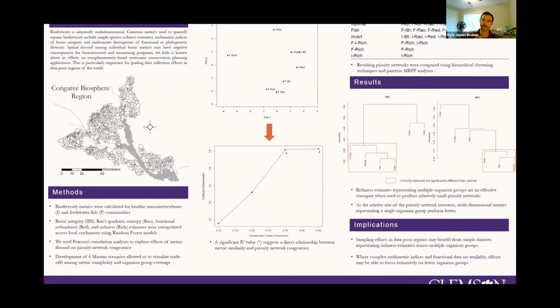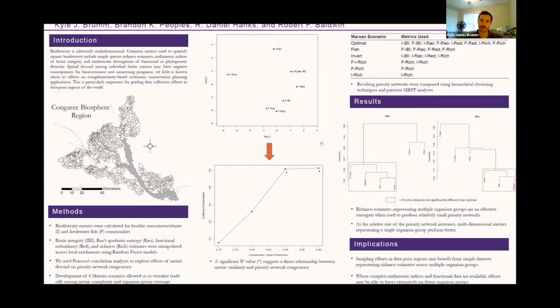So if we're designing really small networks, metric choice doesn't seem to matter as much. But once we start getting up into the relatively larger networks, we're seeing, as we would expect, that more spatially overlapping metrics produce more similar networks. They tell us essentially the same thing.